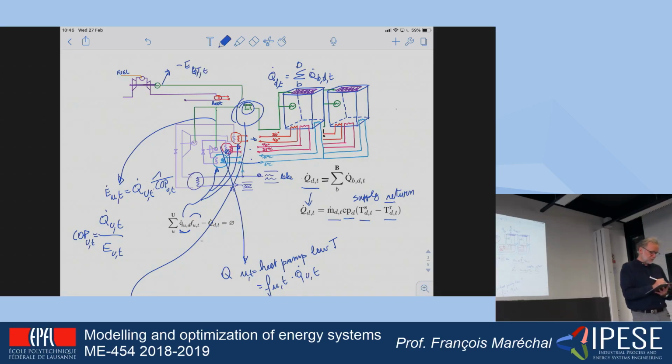But it will have an impact, because then there is an M fuel here, multiplied by the LHV, multiplied by the efficiency of the gas turbine, that will give me the EGT at time T. Okay?